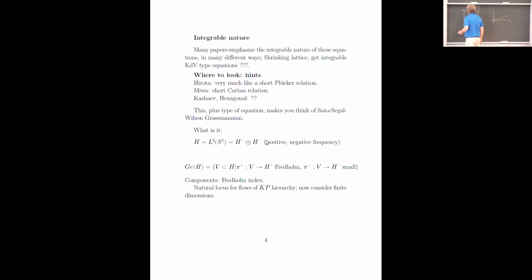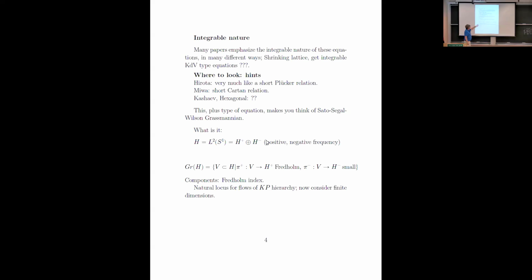We'll do close that way, in the sense that the projection to H plus is Fredholm, and the projection to H minus is small, left deliberately vague, but things like trace class or compact or whatever suits you in the context you're working in.